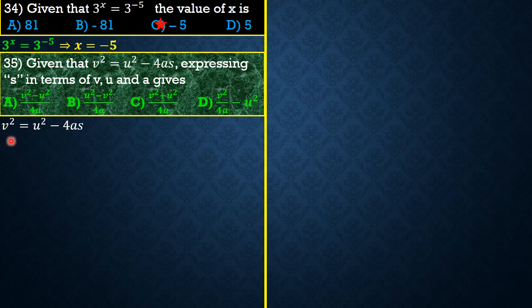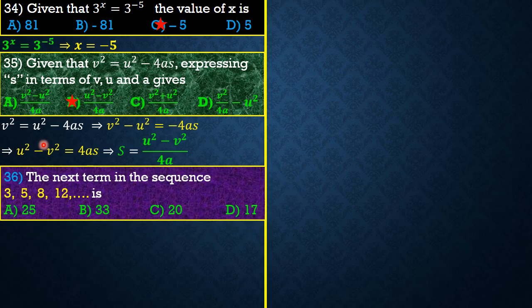The sign changes from positive to negative. We do that, and we are going to have v squared minus u squared equal to negative 4as. If we multiply all through by negative, we have u squared minus v squared equal to 4as. Dividing all through by 4a, we have s equal to u squared minus v squared over 4a. So, guys, option B is the best option.